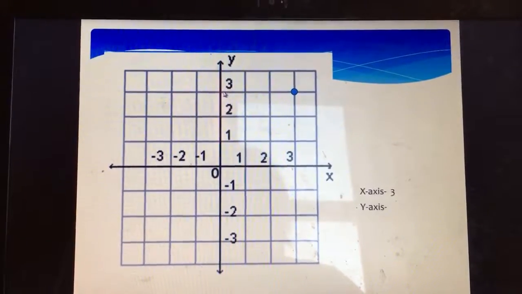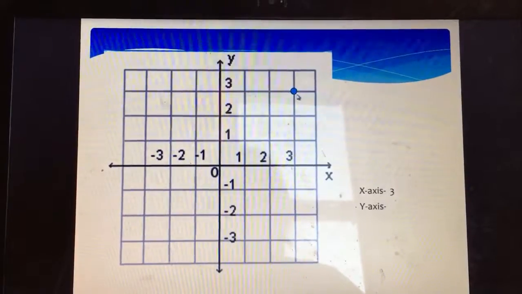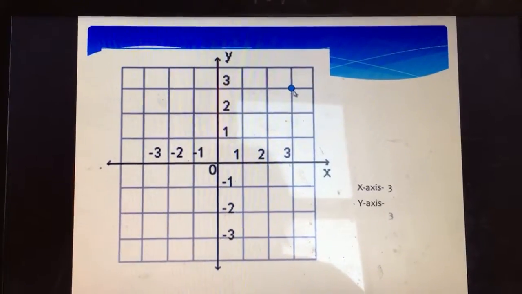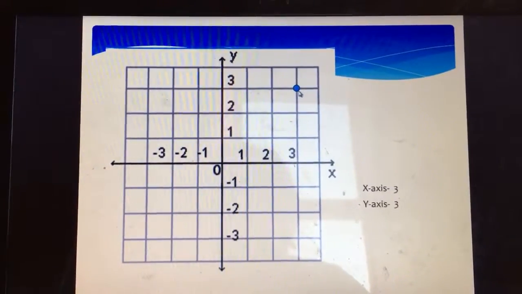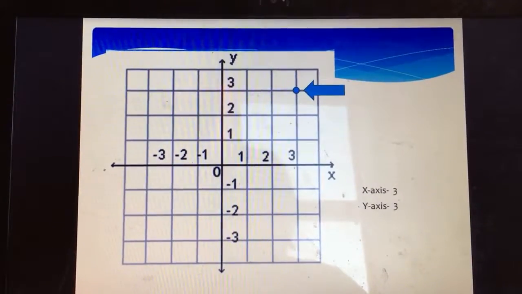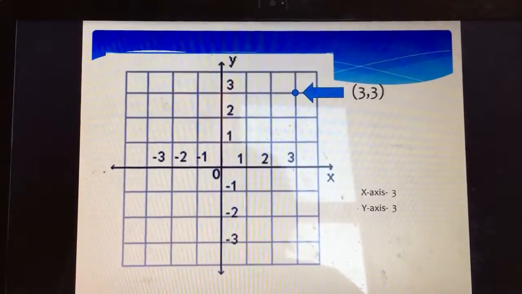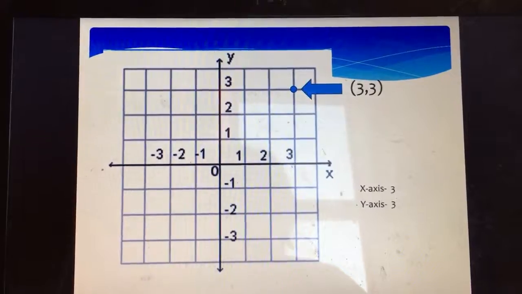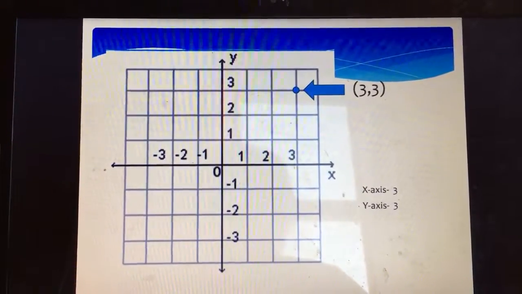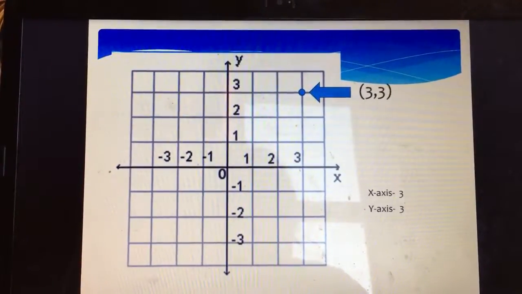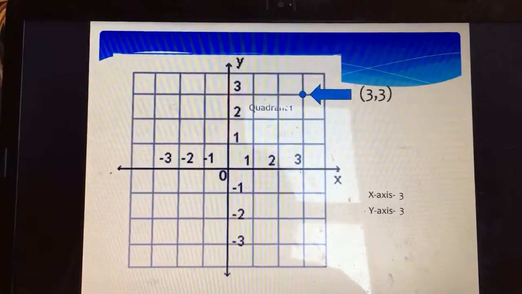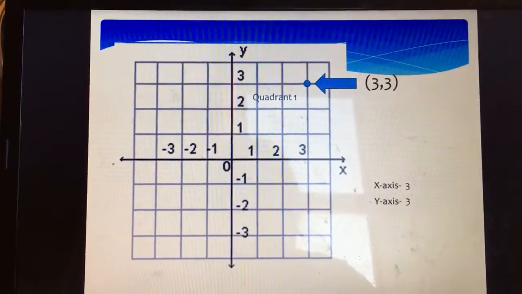So if we go across, we see that we're at the number 3 on the y-axis as well. So the coordinate for this point would be 3, 3, because our x-axis is 3 and our y-axis is 3 as well. Both of those numbers would be positive because we are in quadrant 1.